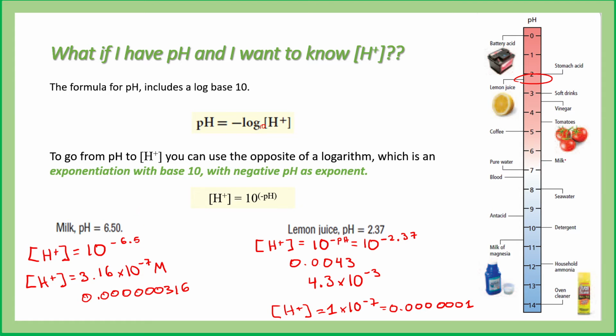And if the pH is less than 7, it will be an acid. Excellent. I hope that you understood this. With these numbers, I'm referring to the hydrogen ion concentration. With the pH, you can look at this and determine if it's an acid or a base. Both of these are acids.